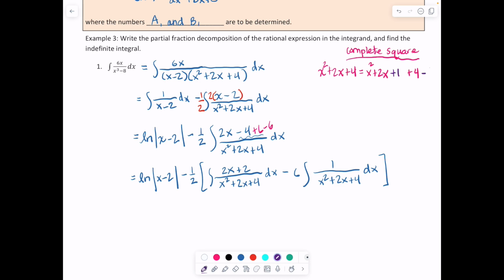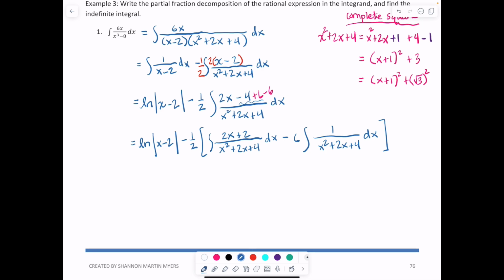But I have to subtract 1 to balance it out, because I'm writing an equivalent expression. So I'll end up with x plus 1, the quantity squared, plus 3, which I could write as x plus 1, the quantity squared, plus the square root of 3 squared, which will be an arctangent result, won't it? Beautiful. So let's do it.